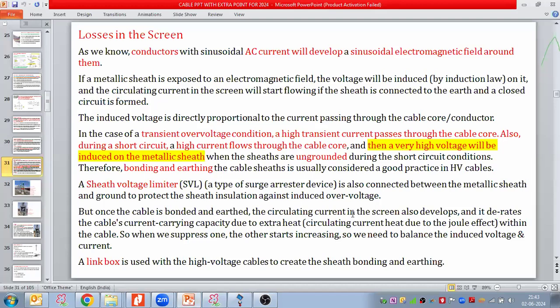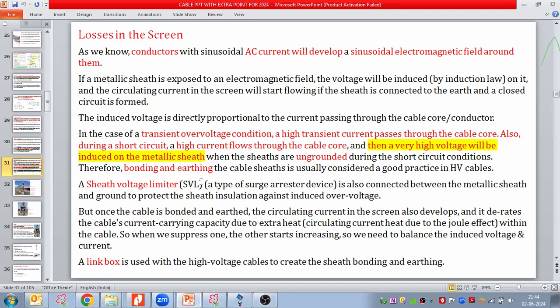So now my statement number 3. Statement 1 is the electromagnetic field. Statement number 2 is the circulating current and the induced voltage. Statement number 3 is the sheath voltage limiter, this SVL. This is a very popular term in cable engineering.